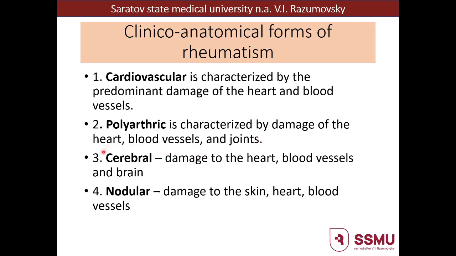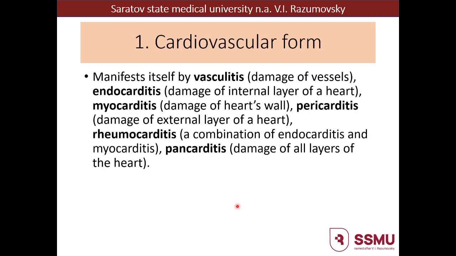The third form is the cerebral form, and we may see damage of the brain and little chorea in this form. And also we should discuss the nodular form, which is associated with the formation of special pathological substances on the skin or in the skin, and they will look like nodules. It is a special nodular form of rheumatism. So let's talk about all of them closer.